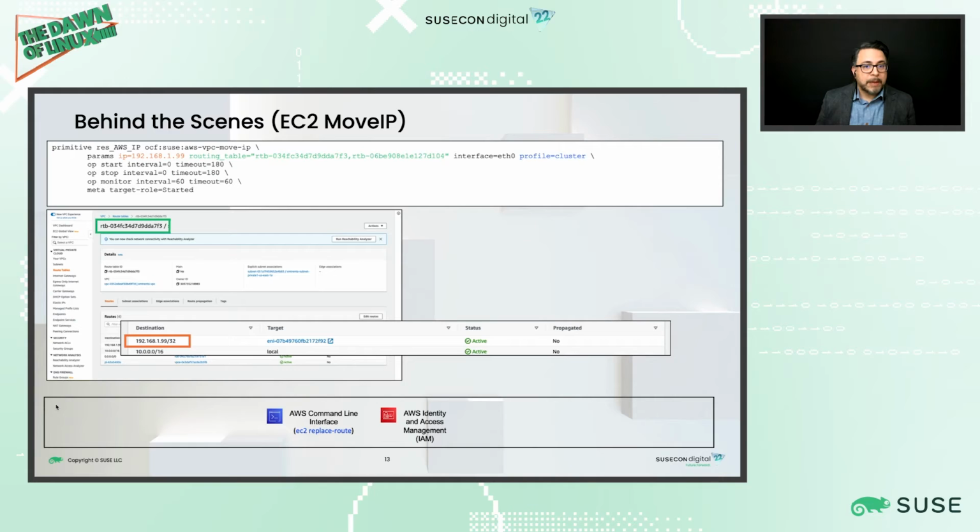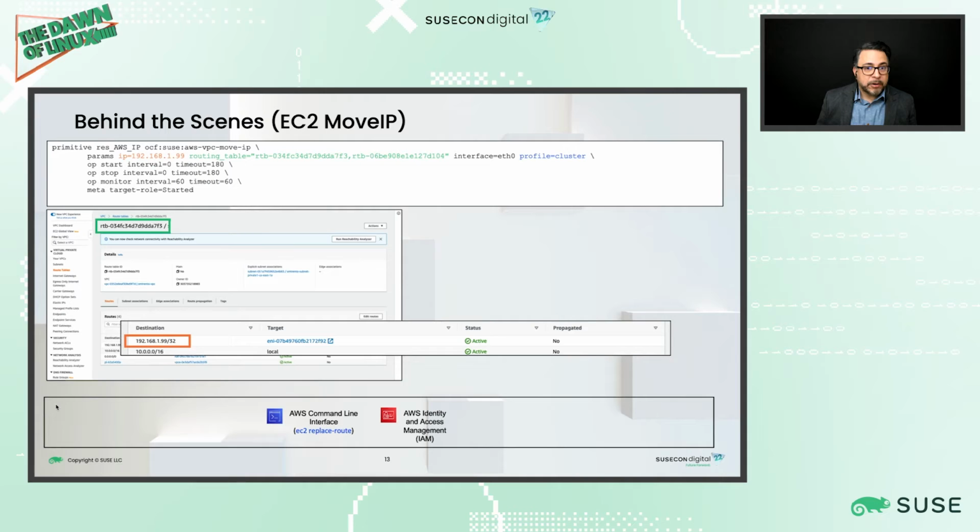The next two parameters are the routing tables for each of the availability zones. You'll also notice there is an eth0 interface for the active node. So whenever that resource is on that instance, you're using the local interface, or the ENI, associated to that instance.